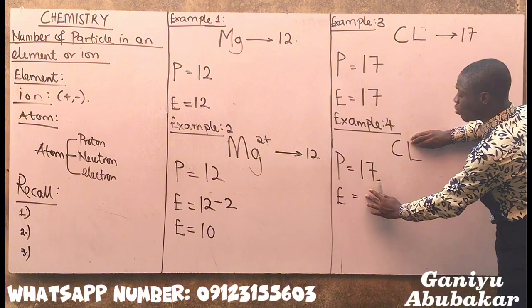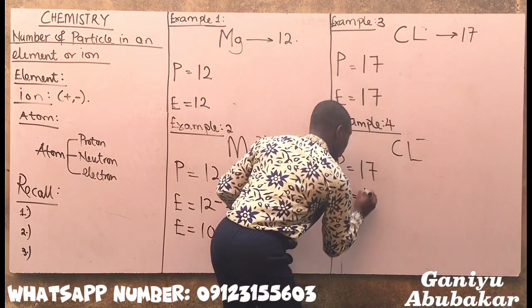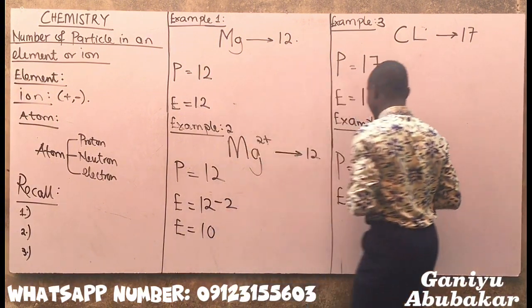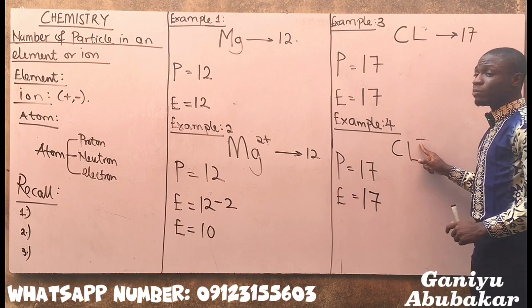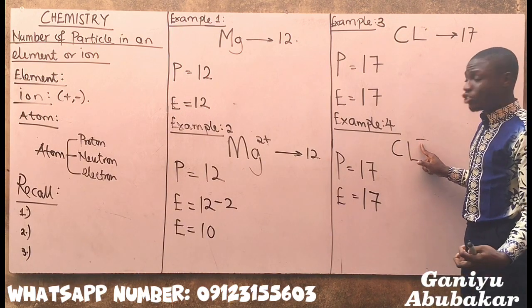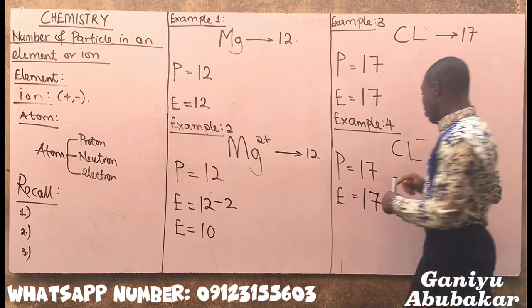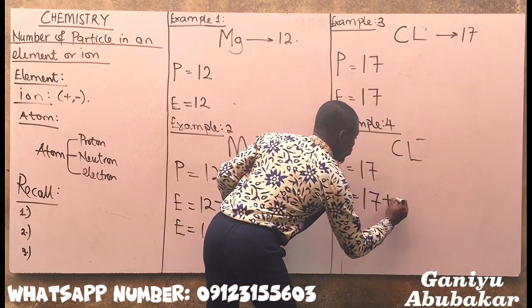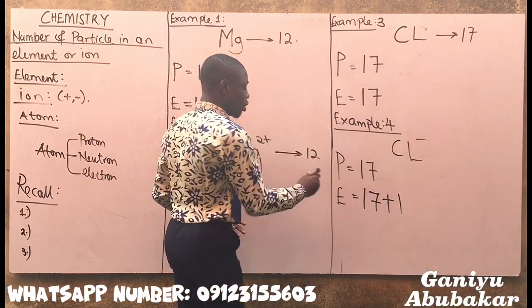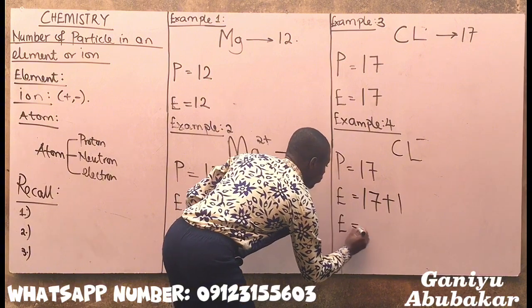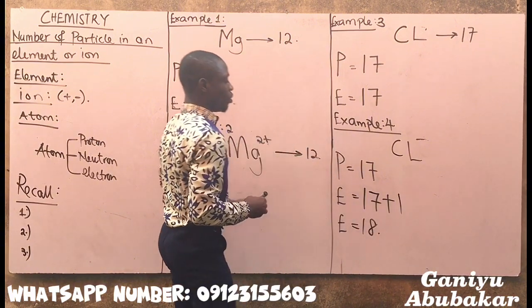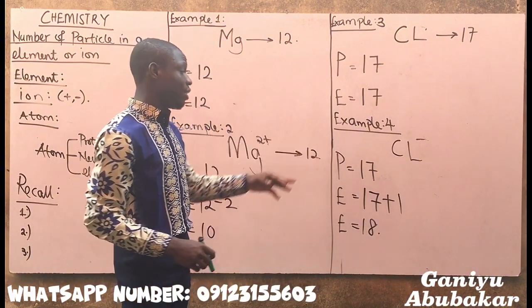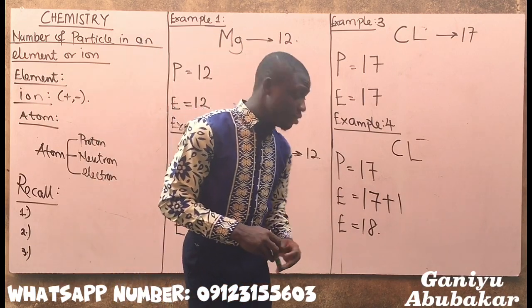It means my electrons will be 17. But in this case I have minus 1, which means gaining 1 electron. So I add 1 to it. That becomes 18. So my protons are 17 and my electrons are 18.